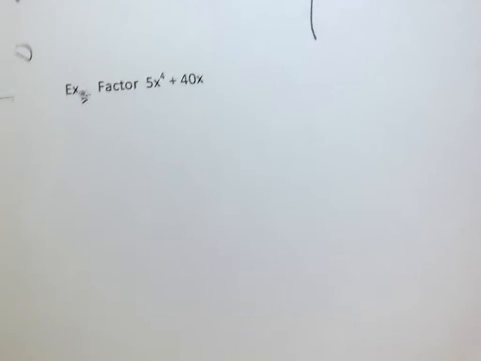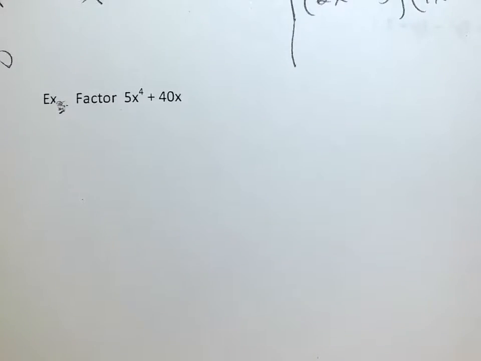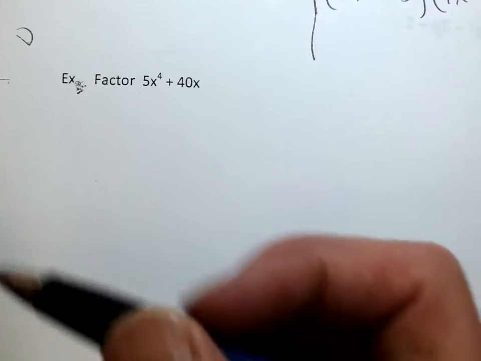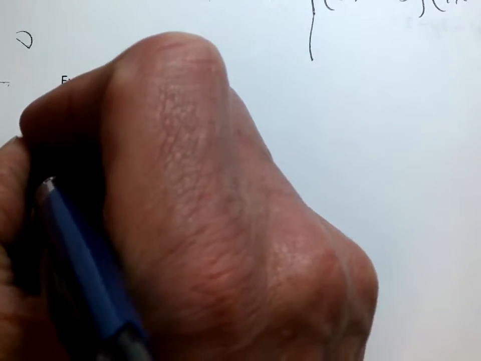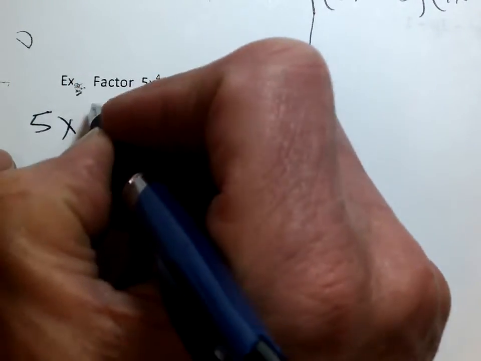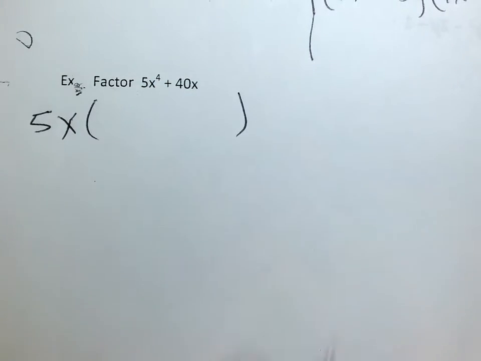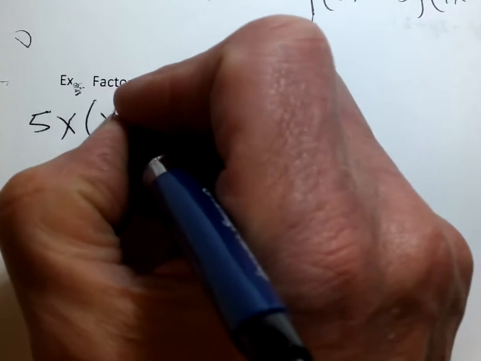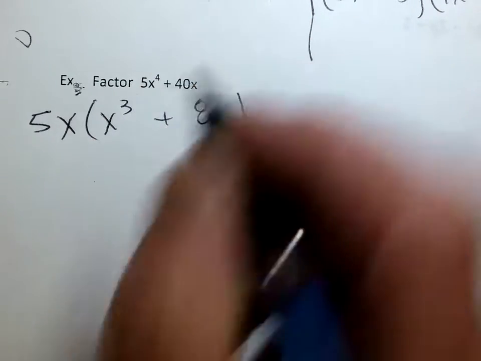Okay. Now, this one isn't a perfect cube, but this one needs to be common factored first, okay? It's not ready to go yet. We got to fix it. So what I'm going to do first is common factor out a 5 and an x, because that's what they have in common, right? So if I common factor out 5x, I'd have x cubed plus 8.